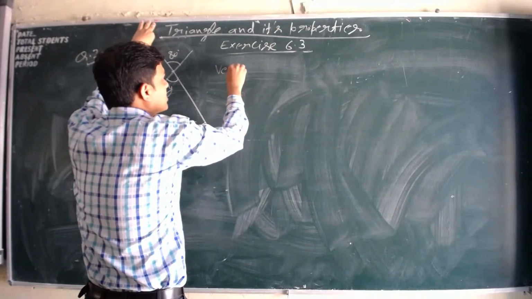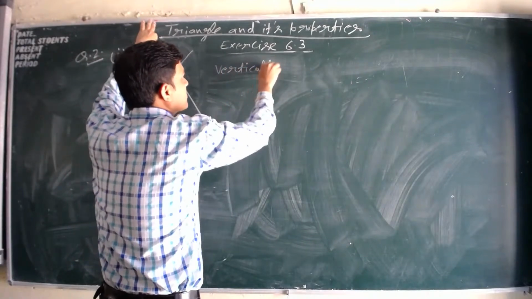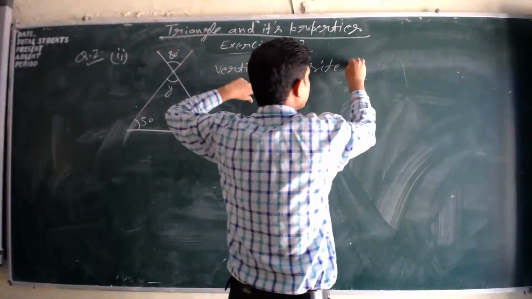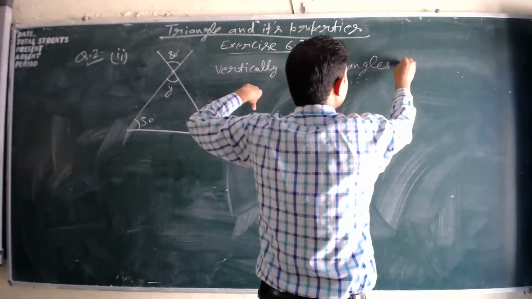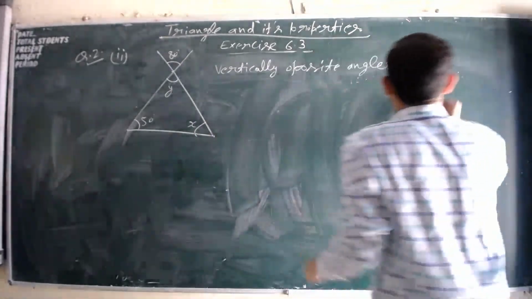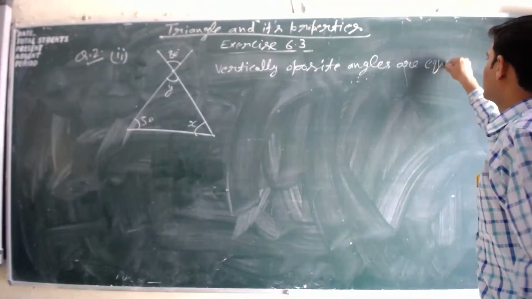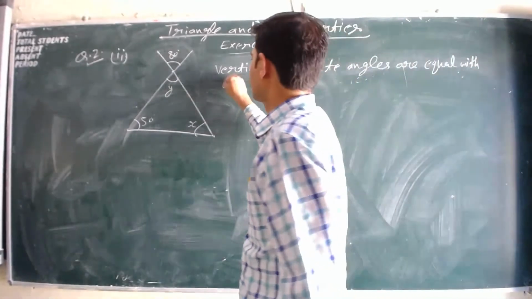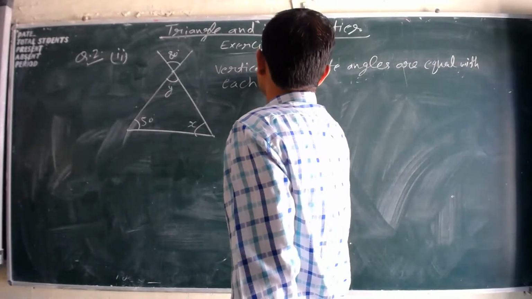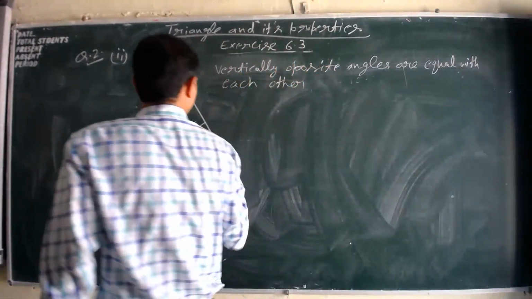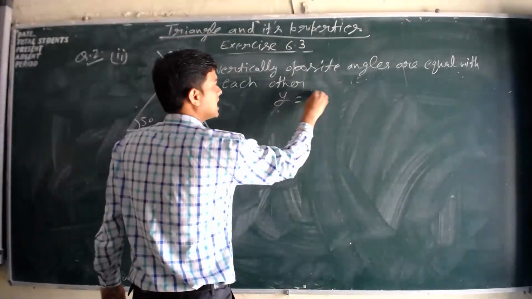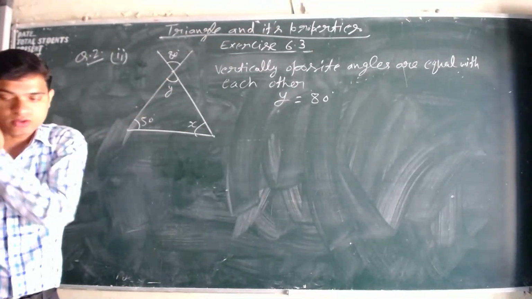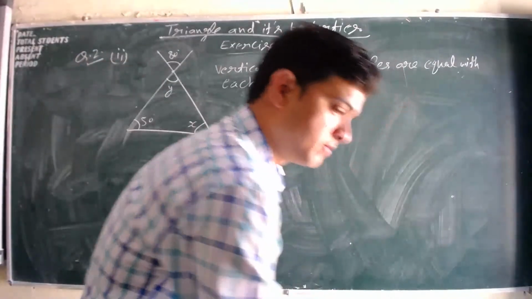We know that vertically opposite angles are equal with each other. Clear? It means y is equal to 80 degrees.